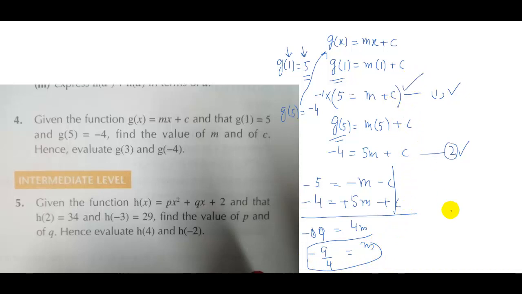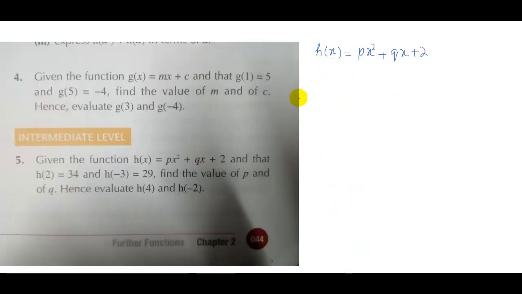So the equation is 5 is equal to m plus c, and m is minus 9 over 4, plus c, and c is 5 plus 9 over 4. And just using the calculator, it will be 29 over 4. Therefore, we have found both m and c.